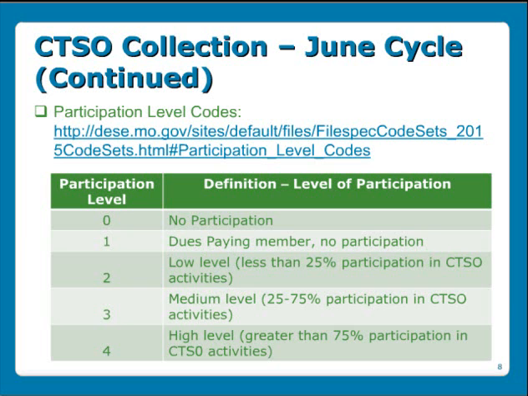Also, if you have a local vendor or local software vendor, maybe they will be able to work on making 0 a default field so you do not have to put 0. But for this time, you have to report 0 for all the CTSOs that the students aren't involved in. I hope that kind of clears that question up.